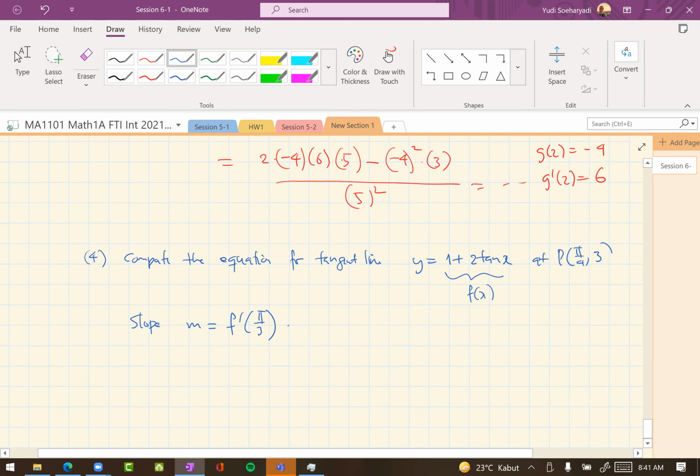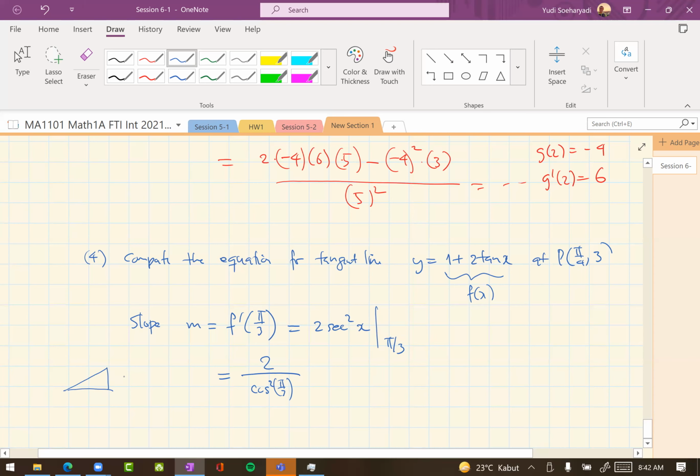So what we have here is that the derivative of 2 tan x is just 2 secant squared of x, computed at pi over 3. Plug in pi over 3. So this is 2 over cosine of pi over 3, squared. Cosine of pi over 3 is, let's see, like this.